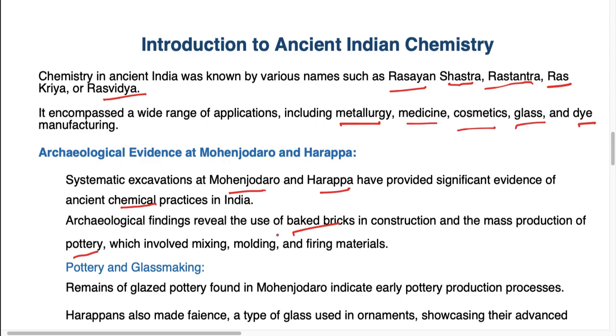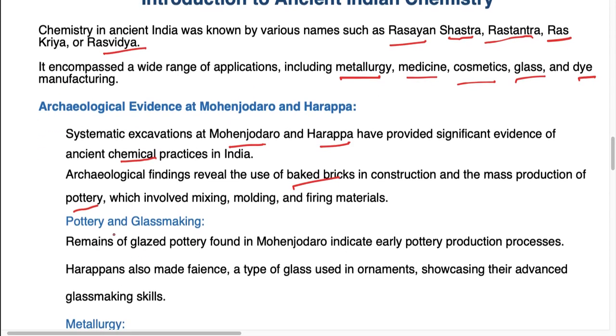What are the archaeological findings? Baked bricks and pottery. These findings prove that in ancient India we already practiced chemical mixing, molding, and firing.